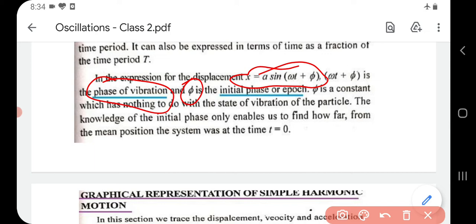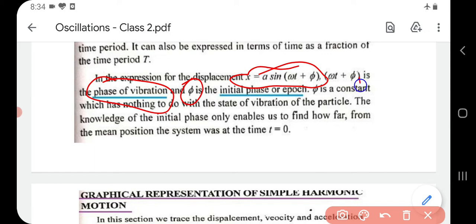That is, initial phase phi tells us about the state of the system from the equilibrium position at time t equal to 0. That information is obtained from initial phase or epoch phi.